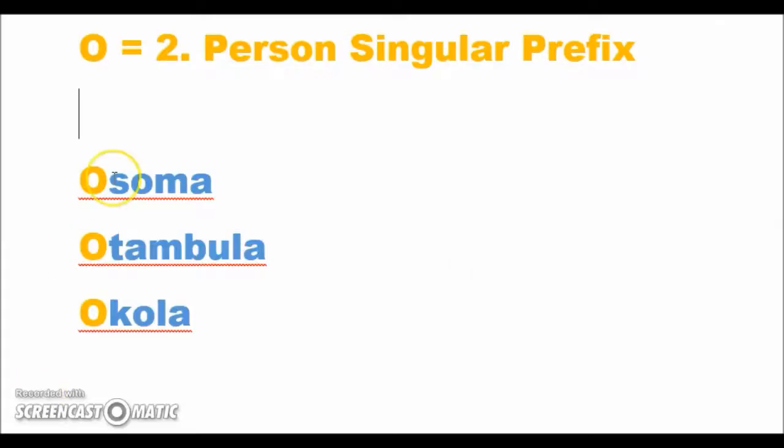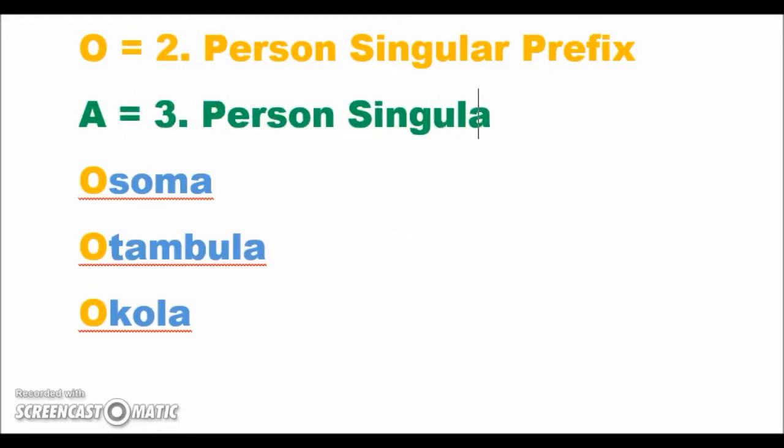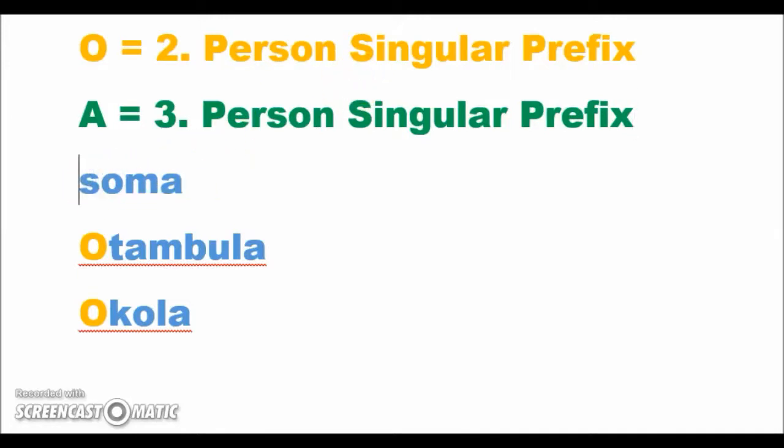The prefix for the third person singular is A. So I'm sure you can imagine osoma, you read, will be asoma.